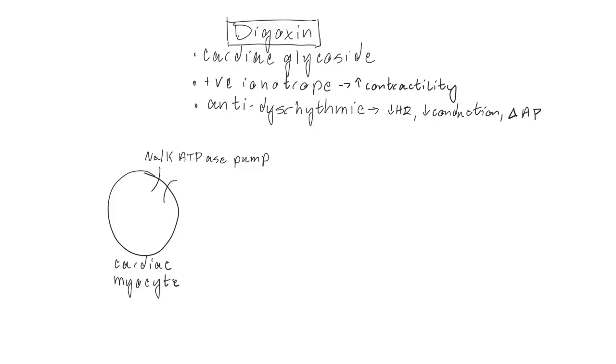To understand how digoxin does these things, we have to understand what normally happens inside and outside of the cell with the movement of electrolytes. So I have drawn here a cardiac myocyte and a sodium potassium ATPase pump, and I'm going to draw another little structure here, and this is called the sodium calcium exchanger.